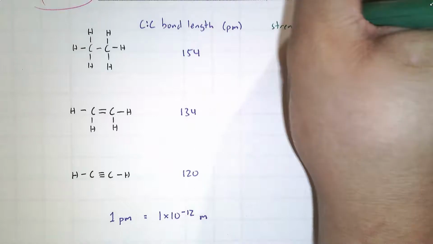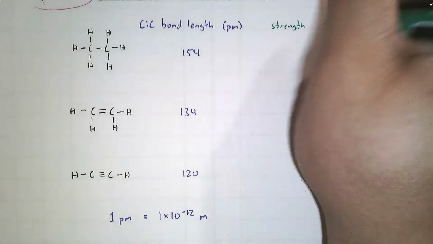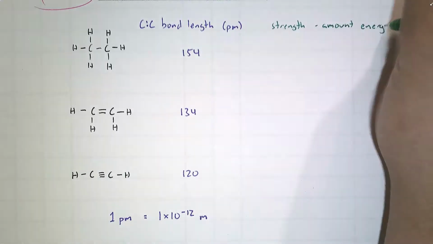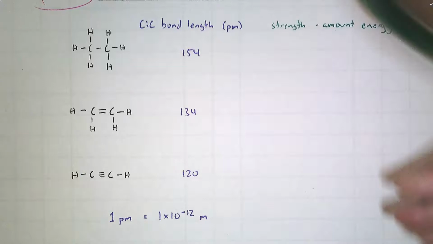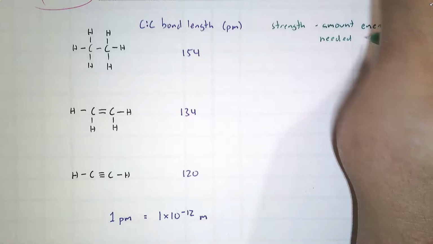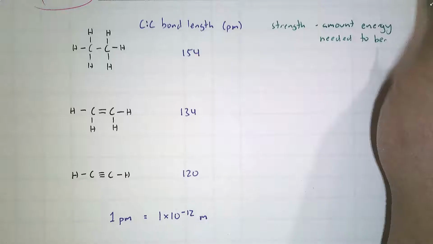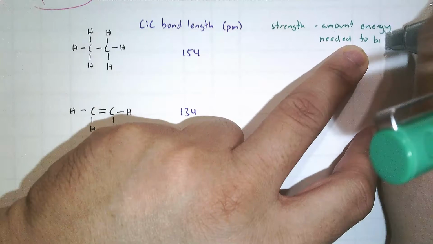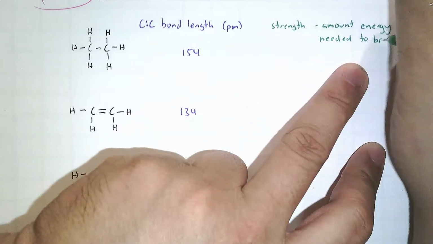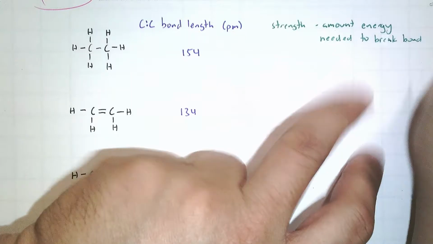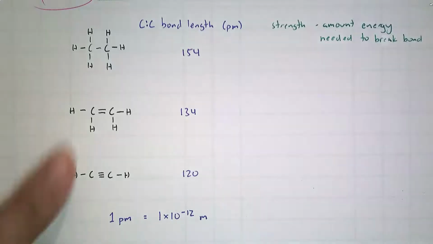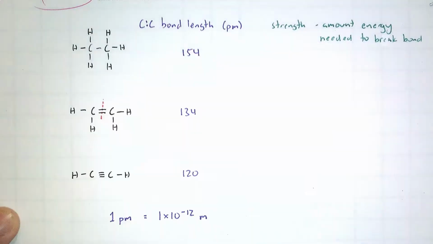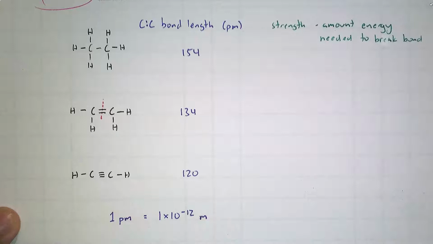This is the amount of energy needed to break the bond. And when I mean break the bond, I mean totally separate the two carbons. So you are cutting, for instance, for the double bond, you are cutting completely, so there's no interaction between the two carbons.